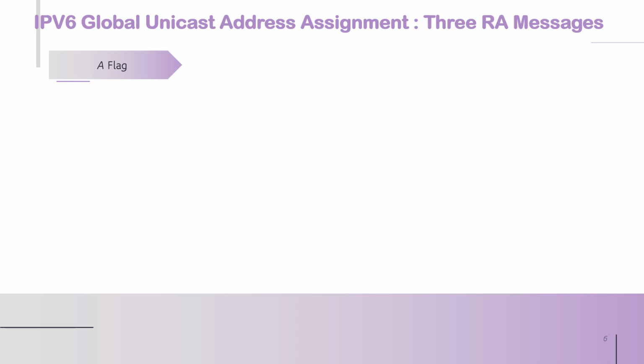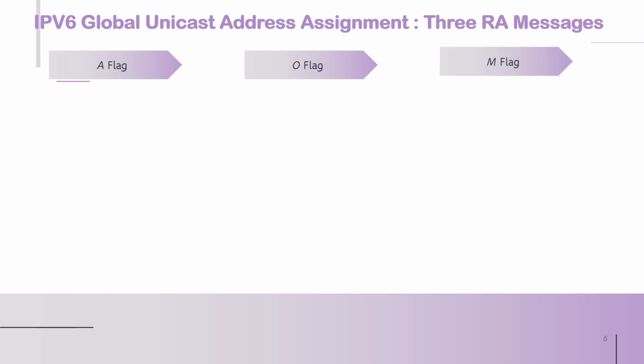We have the A flag, which is the address auto configuration flag. Use stateless address auto configuration to create an IPv6 global unicast address. We have the O flag, which is the other configuration flag. In this case, other information is available from a stateless DHCP version 6 server.